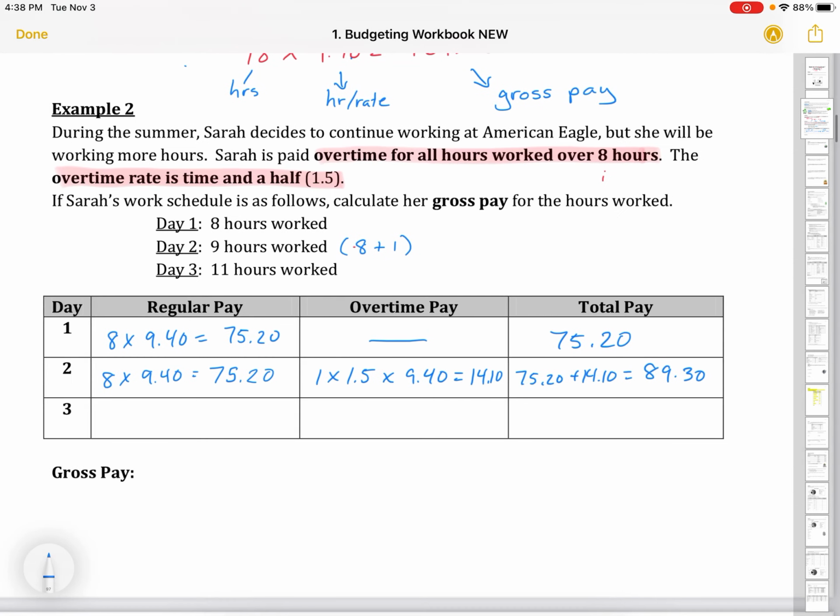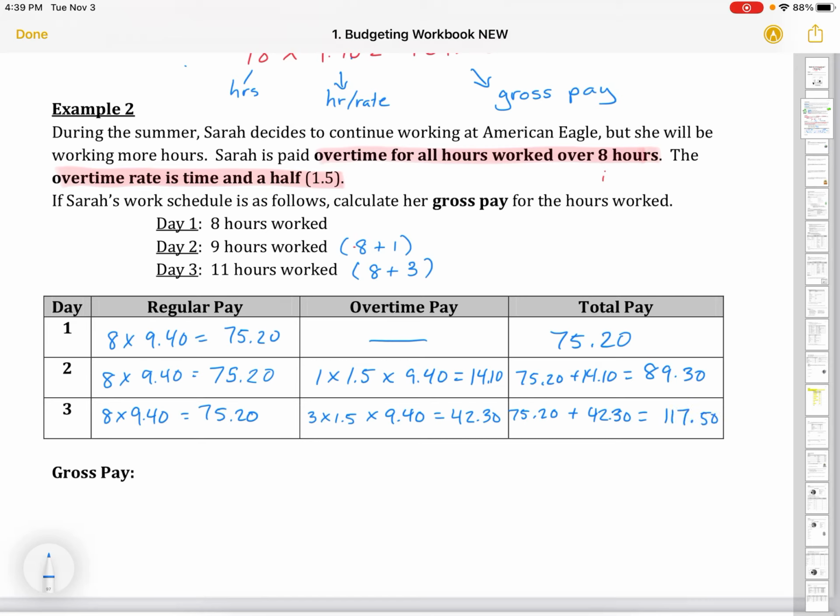For day 3, she worked 11 hours, which is 8 plus 3. The first 8 hours is at her standard rate, so she gets 75.20 for that. But those other 3 are at overtime rate, time and a half. So we times the hourly rate times 1.5, which is 42.30. Her total pay for that day is the 75.20 plus the 42.30, which is equal to 117.50.